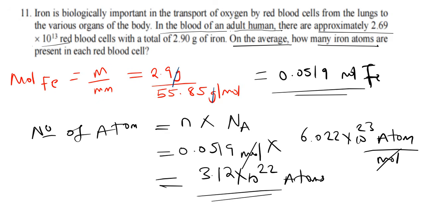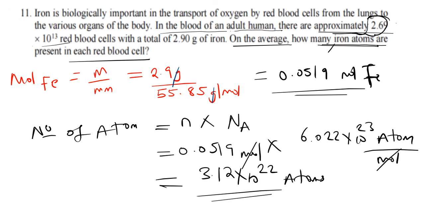I'm trying to find how many iron atoms are present in each of them, because this is a sum of all of them. Approximately, that is what you get when you add all of them, but now I'm trying to find how many are present in each.